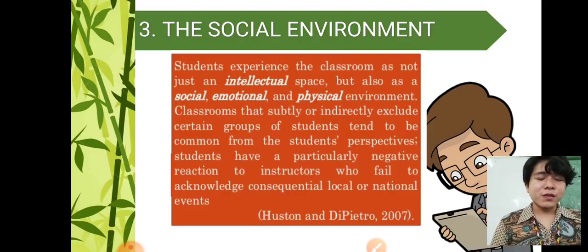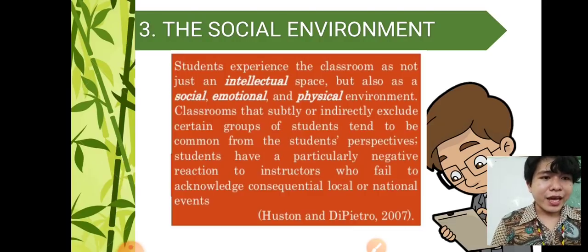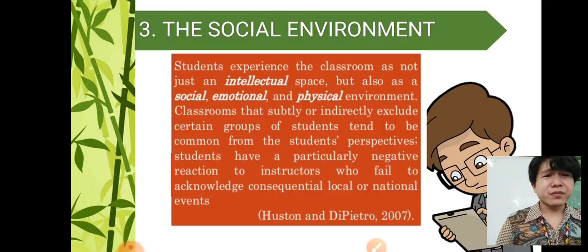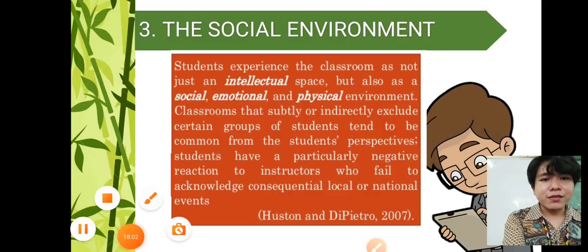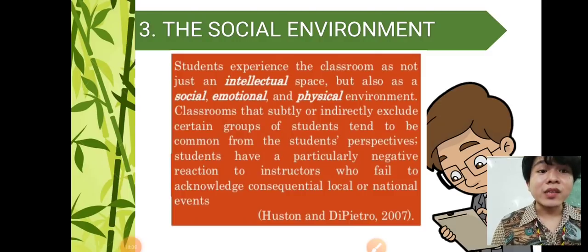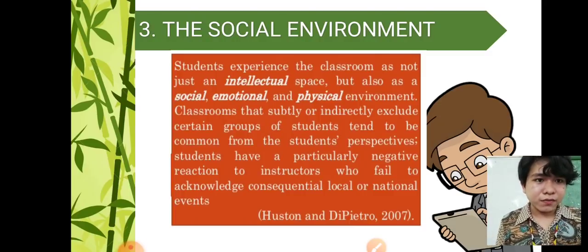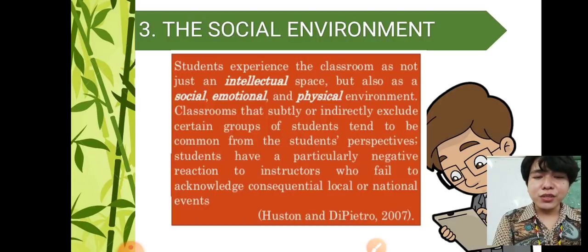So, we have this quotation by Hoshton and Di Pietro, 2007. Let me read it to you. Students experience the classroom as not just an intellectual space wherein we are using our cognitive, but also as a social, emotional, and physical environment.